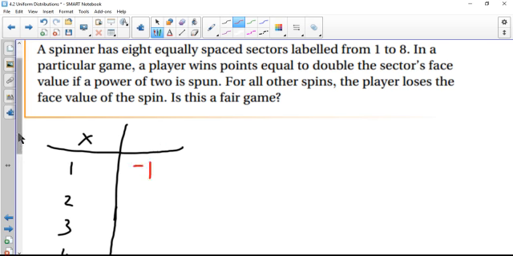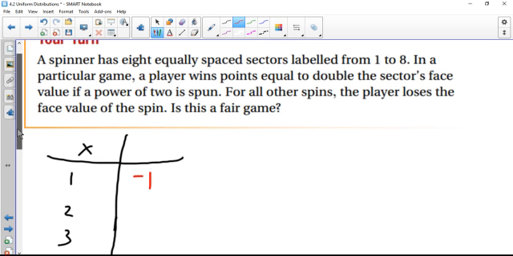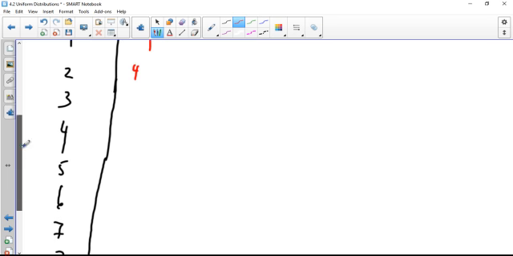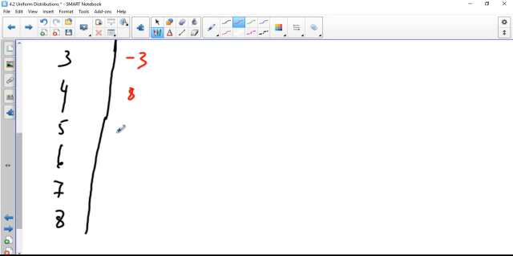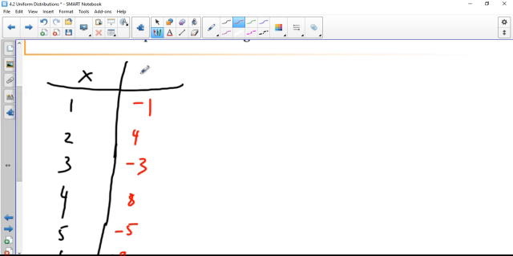If I roll a 2, I double the sector's face value, so I will get double this, which will be 4. I will have, in this case, a -3. I will have 8. I will have -5. I will have 12. Here I'll have -7, and here I will have 16.